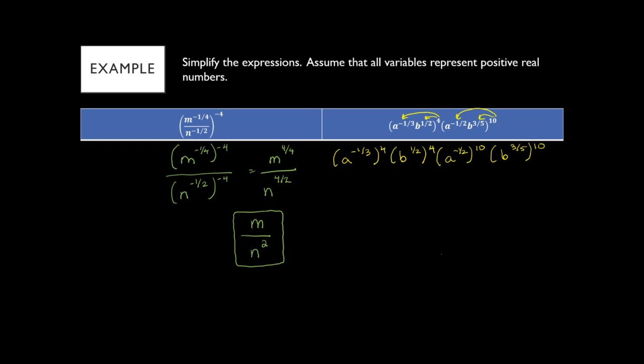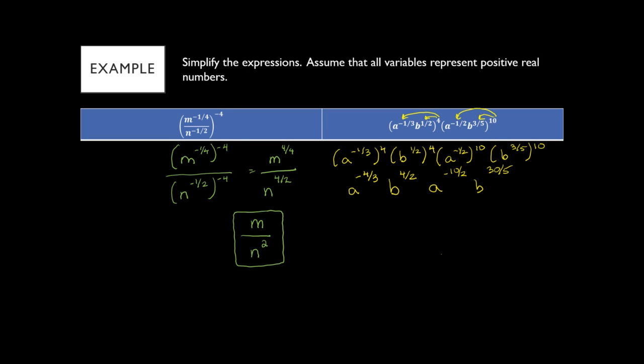Now I'm going to multiply all of my exponents. So on a, I get negative 1/3 times 4, so that's negative 4/3. b, 1/2 times 4 is 4/2. I get another a, negative 1/2 times 10 is negative 10/2. And then b, 3/5 times 10 will give me 30 over 5.